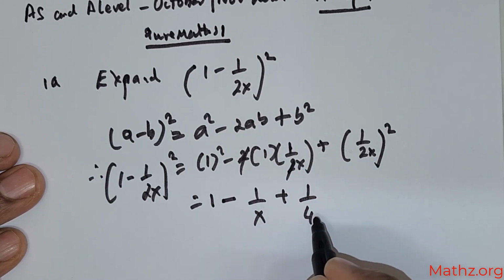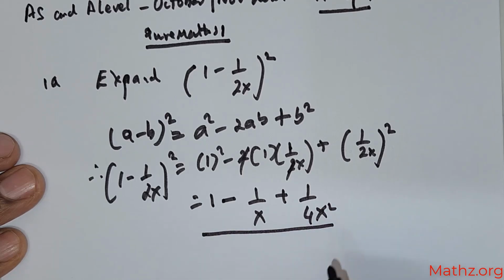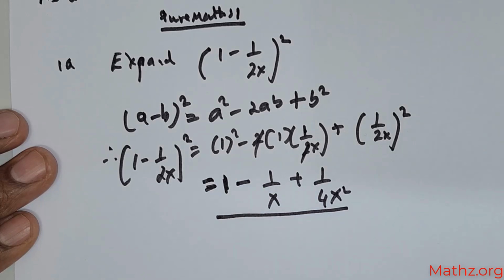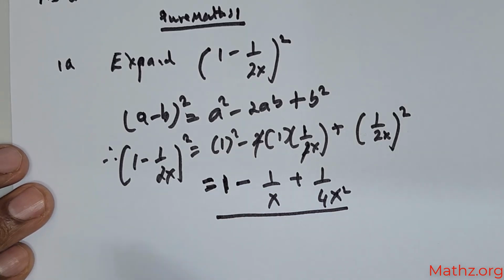If you expand this, you get 1/(4x²). So this is the solution for the first question.